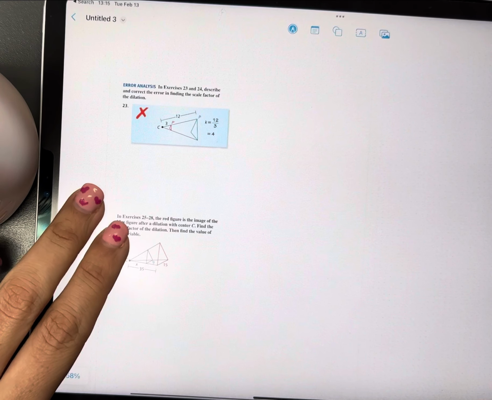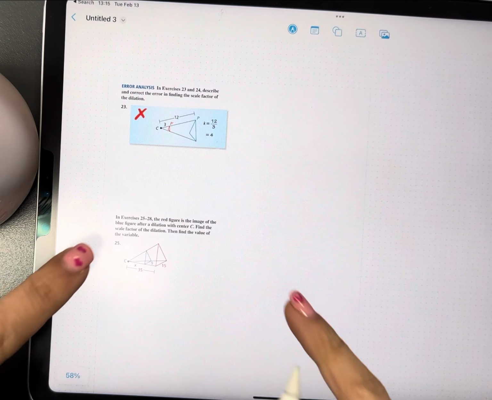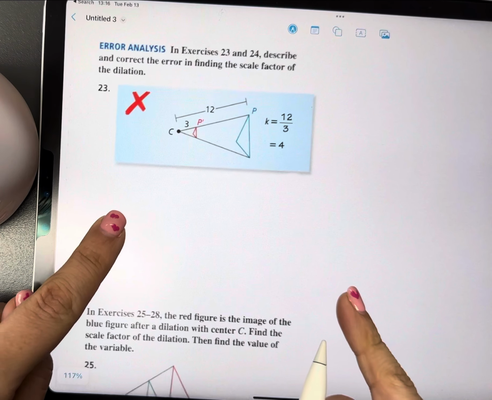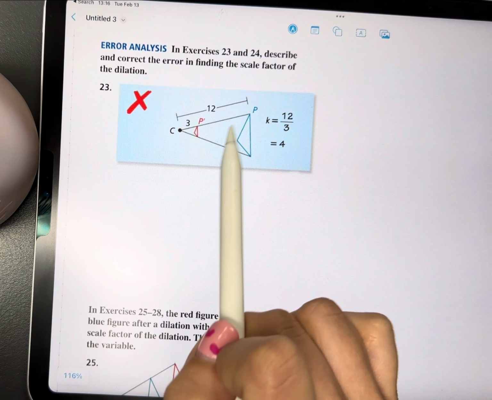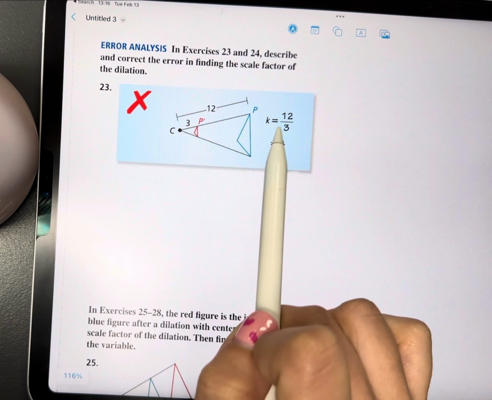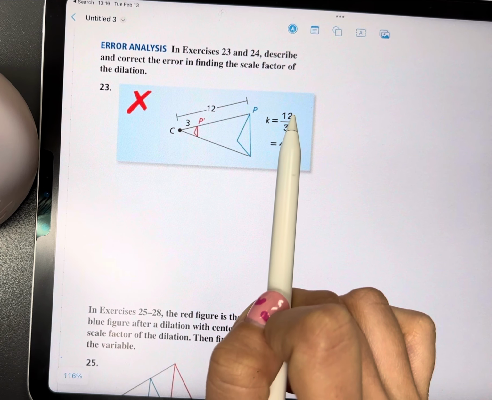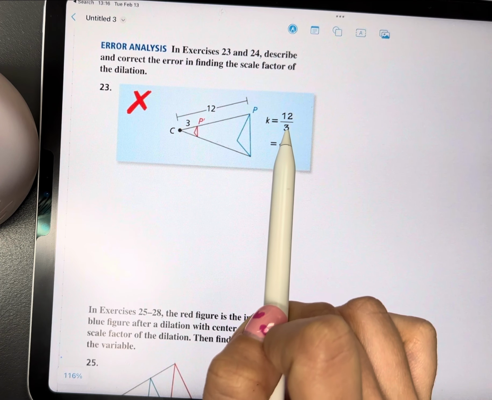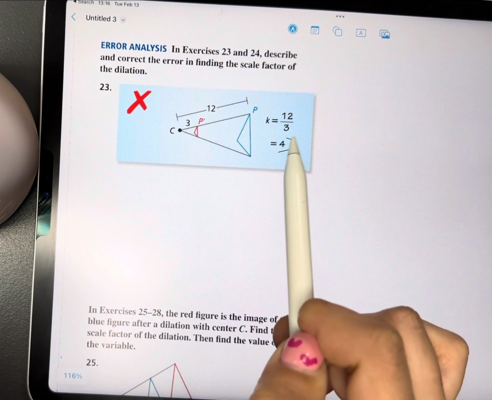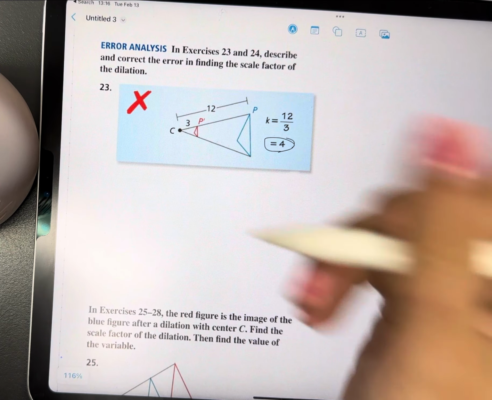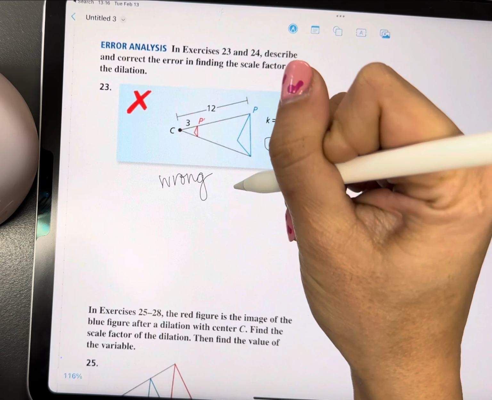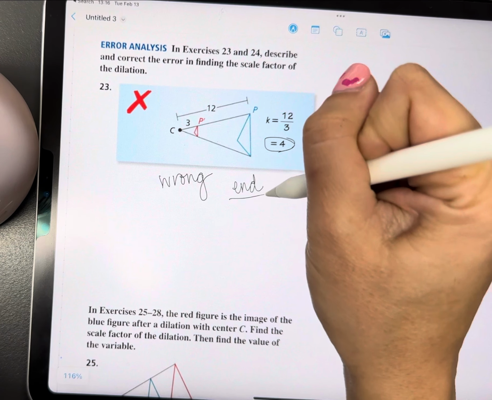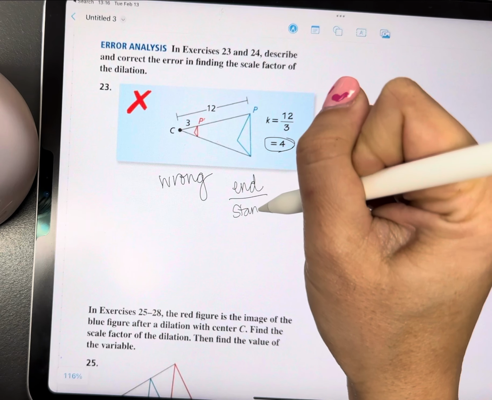Moving on. 23. Let's see what the error was here. Describe and correct the error. So here, these people looked at this and then they said that the scale factor is 12 over 3, which is 4, which is wrong. And the reason that it's wrong is because we take where we ended up over where we began.